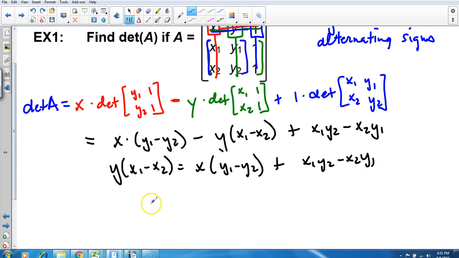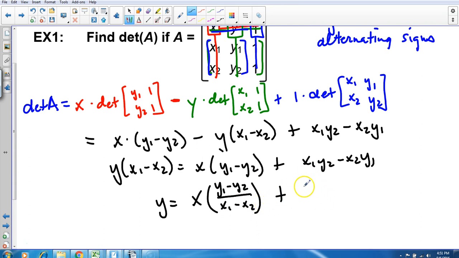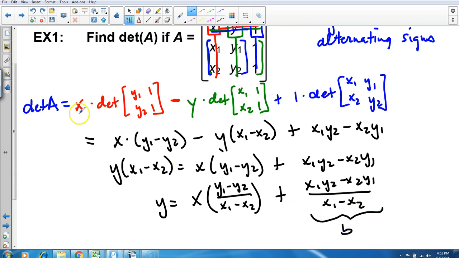Well, essentially, if we simplify a little bit and divide by X1 minus X2, we've got Y equals X times Y1 minus Y2 over X1 minus X2, which is slope, plus X1 Y2 minus X2 Y1 over X1 minus X2. And you can't simplify this any further, but basically that's your y-intercept.